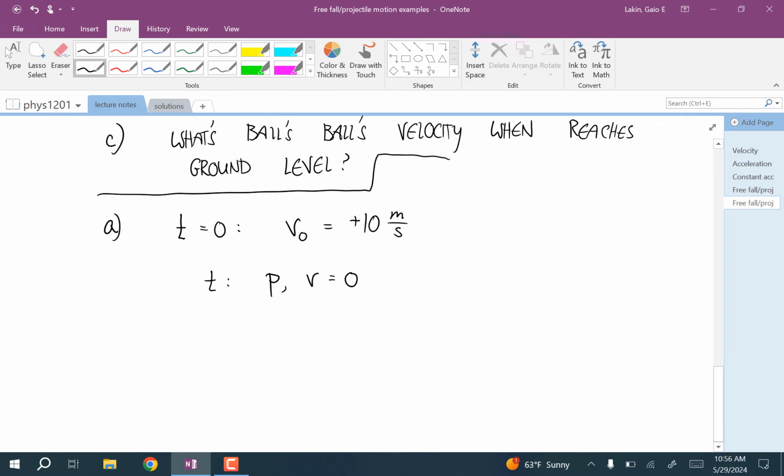That was one of the 2 facts I said that we're going to use pretty often. So anytime in a problem it says something about an object getting to its highest point in its flight, you know that at that instant the velocity is equal to 0. And through this whole thing, we know that the acceleration is negative 9.8. That's 9.8 meters per second squared down.